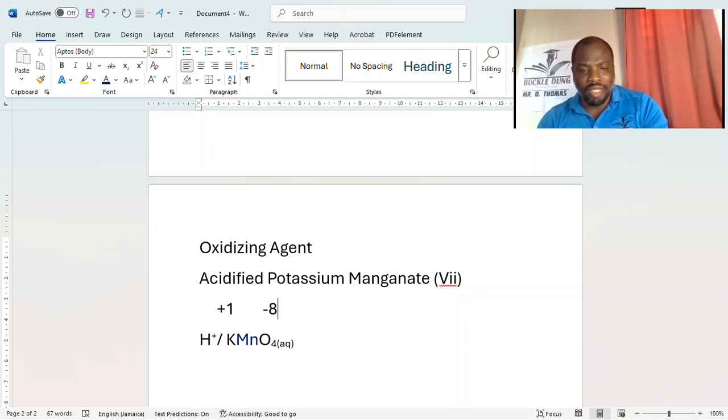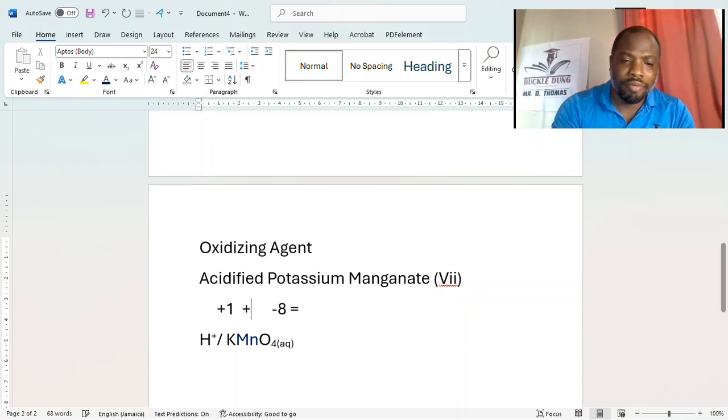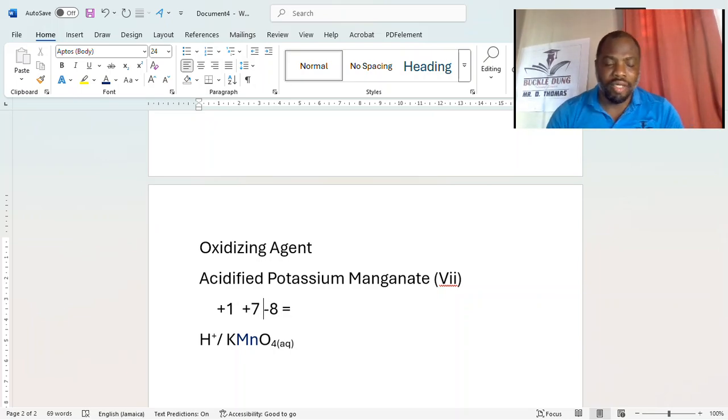Now when we look at this, as I said, if you have a problem working this out, you can look at the previous video to see how we work this out. So the manganate would have been a plus 7, because now you have plus 8 minus 8 equal to 0.